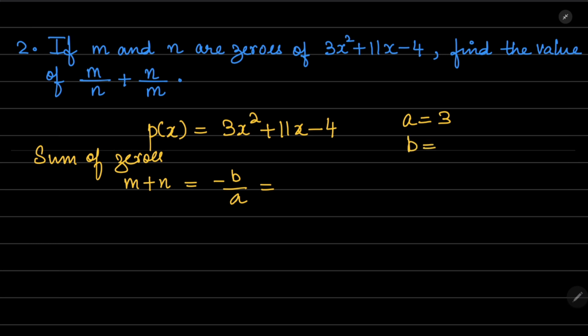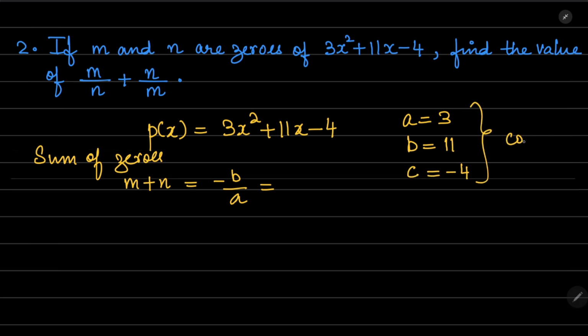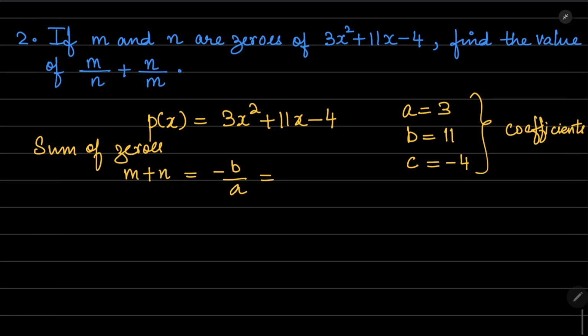What's your b? B is the coefficient of x, which is 11. And what is your c? C is minus 4. So these are called the coefficients of the polynomial. So sum of the zeros is m plus n equal to minus b by a, which is nothing but minus 11 by 3.